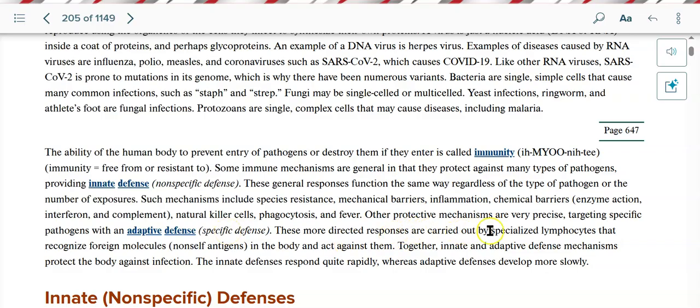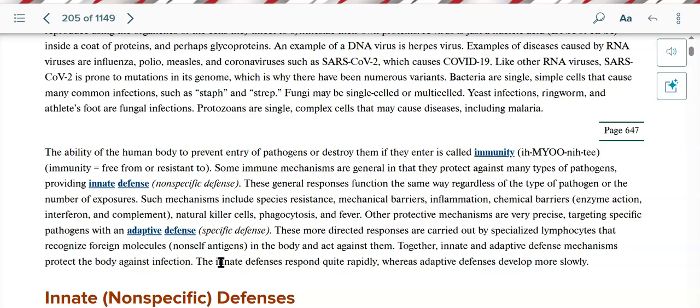Other protective mechanisms are very precise, targeting specific pathogens with what's called adaptive defense or specific defense. And these are carried out by specialized lymphocytes that recognize foreign molecules by their non-self antigens. Again, antigens are markers on cell surfaces that identify a cell.